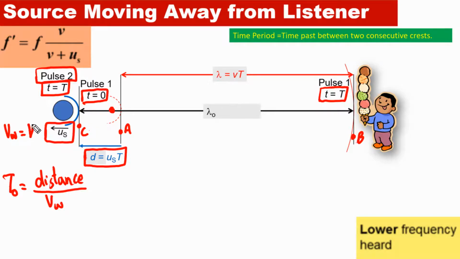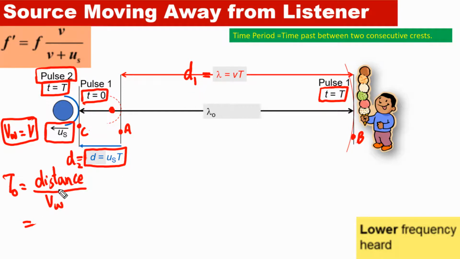So let's say V_w is equal to v, meaning this is the speed of the wave. Now let's say this distance is d2, which is the distance traveled by the source in time period capital T, and the distance traveled by pulse 1 is d1.